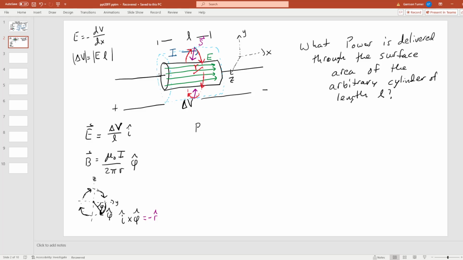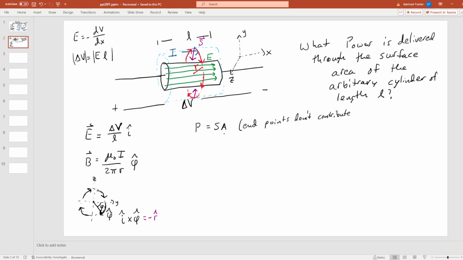And notice that my endpoints will not contribute, okay? So this whole S times A, endpoints will not contribute because there's no flux outward through the endpoints. Or I really should say end surfaces, the cylindrical end surfaces.